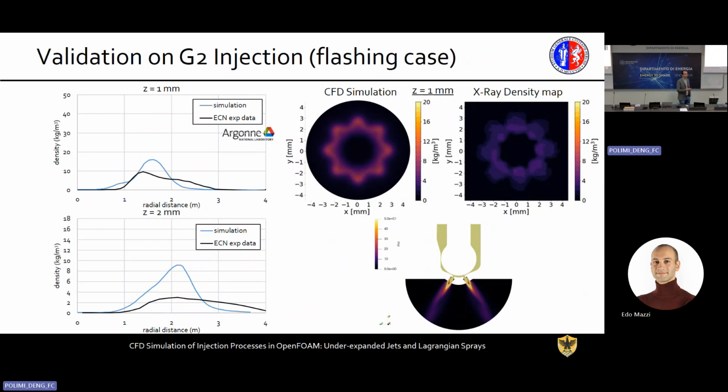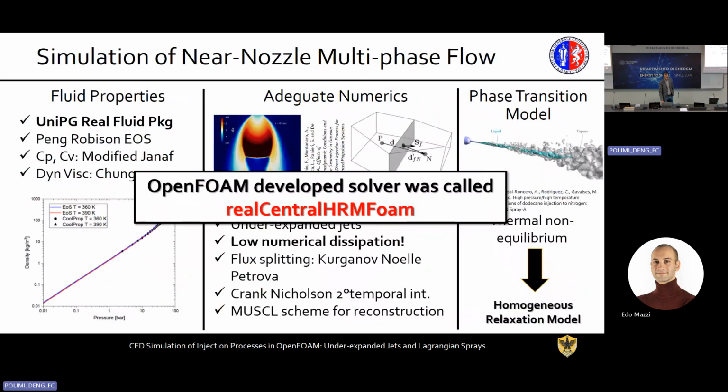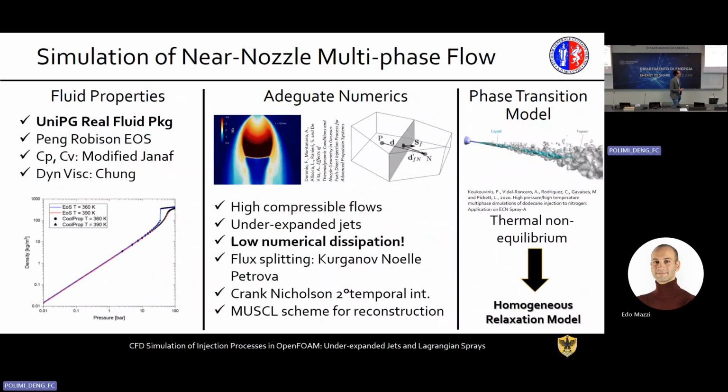And in other implementations, in other commercial software, let's say, you don't have flux splitting. You don't have this combination of second order temporal integration. You don't have this representation of also.